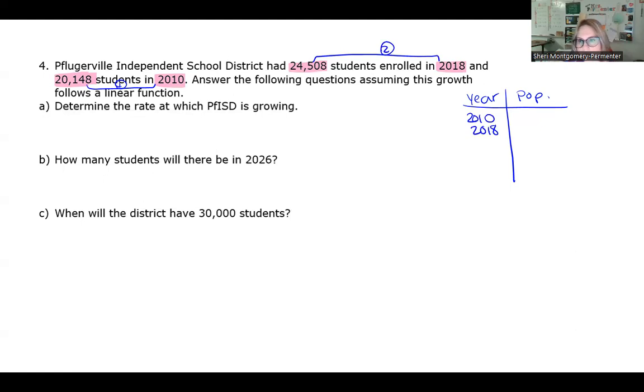In 2010, there were 20,148, and in 2018, we had 24,508. So we're going to do the same thing where we figure out the difference. I know that from 2010 to 2018, I'm adding 8 years.